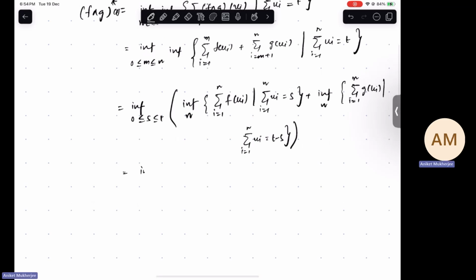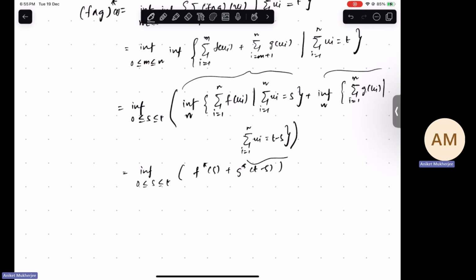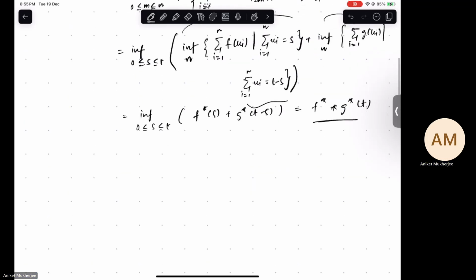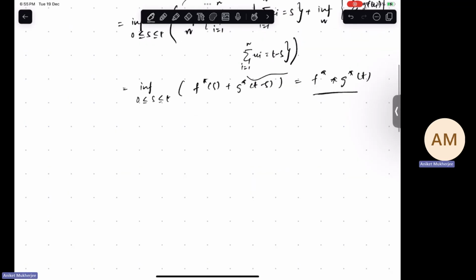This is basically the infimum over 0 less than or equal to s less than or equal to t. This whole thing is f star and this whole thing is g star. So we see f star(s) plus g star(t minus s) is equal to f star convolution with g star at t. Okay, so we have proved this.